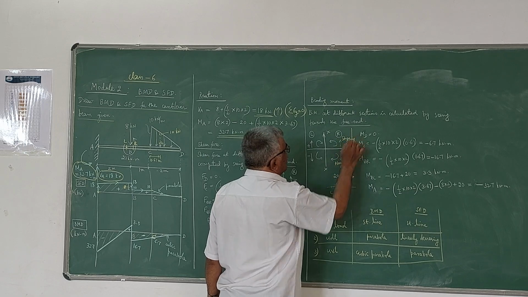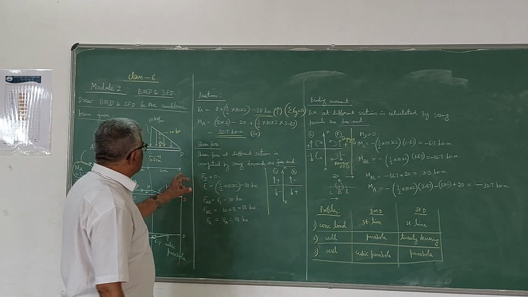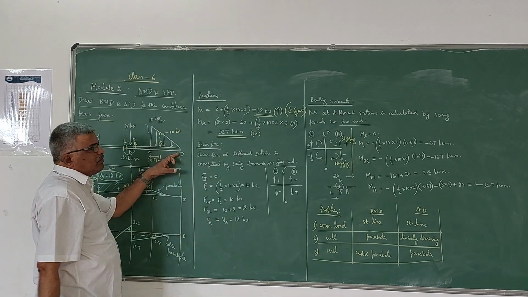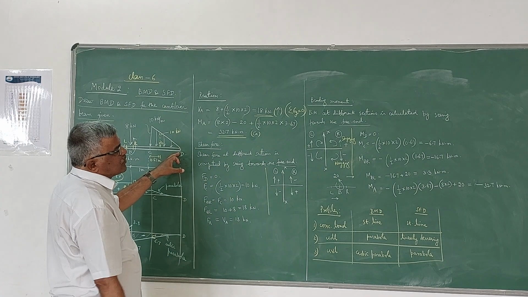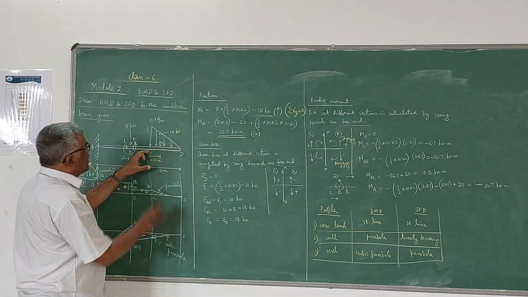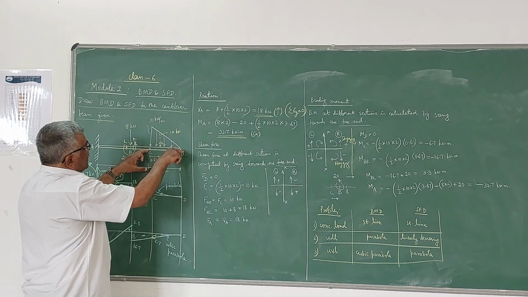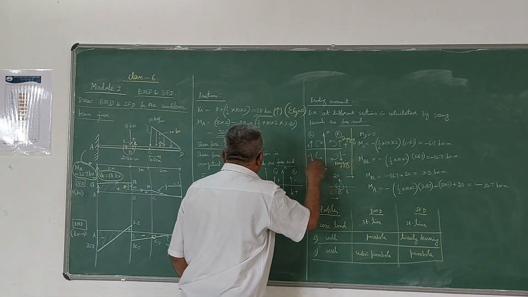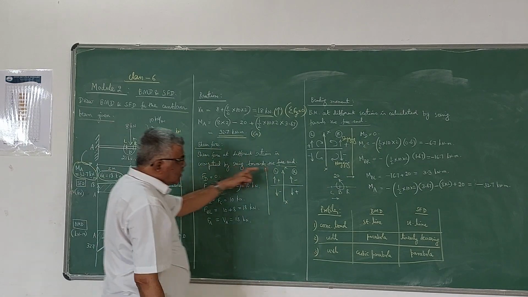If you once again take from the free end, the first value of moment at D will be 0 because nothing is there to the right of D. So at the free end it is 0. Then MC, bending moment at C: to the right side you are seeing, and the force is downwards.